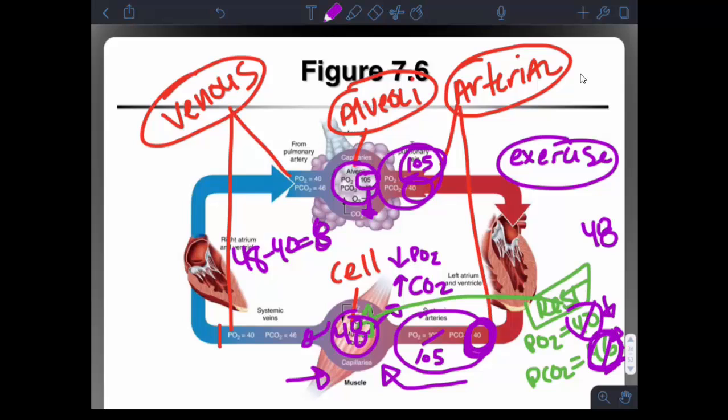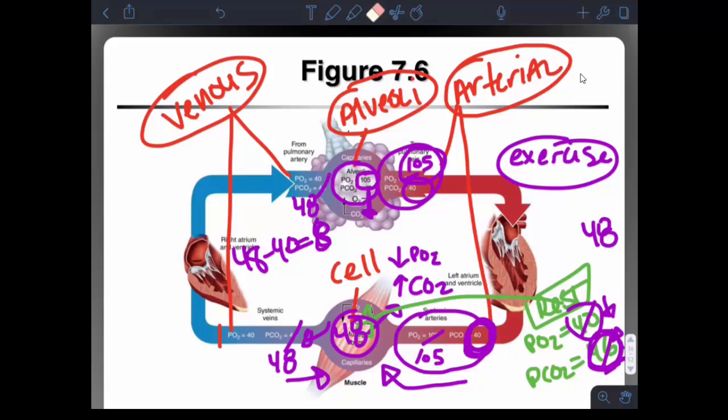That's going to drive more CO2 out of the cell, and so the PCO2 in the venous blood is going to be equivalent to what it was in the cell. So we're going to see a PCO2 in this example of 48 coming out of the cells, and therefore the PCO2 of the blood going into the lungs is also going to be higher.